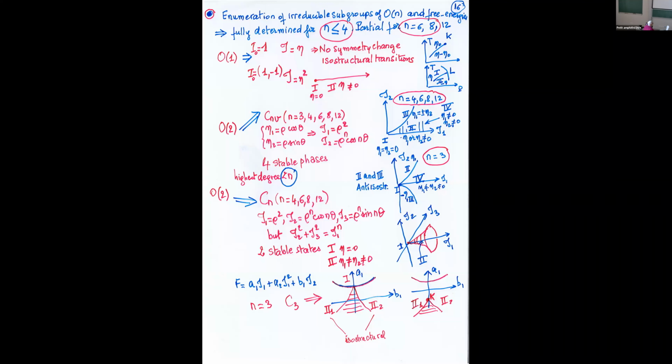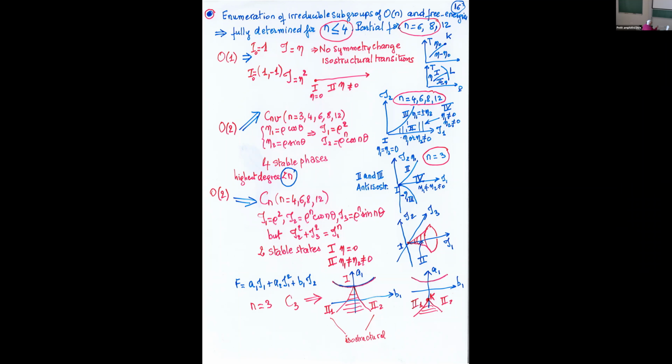And so you have only two phases, because the more invariants you add, the fewer phases you can stabilize. So here you will have only two phases, 1 and 2: two is in the volume inside the cone, and one is at the origin of the cone. And again, a special case is C3, because of the third degree term, which has this shape.